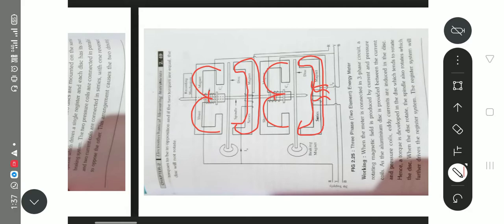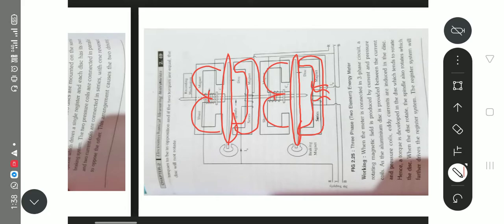Whenever we give the three phase power supply, flux will be produced in the pressure coil and current coil. From the current coil and pressure coil the flux is generated, then EMF will be produced in this coil, and then it will rotate the aluminum disc here. In between the pressure and current coils we place one aluminum disc. The aluminum disc will be rotating.